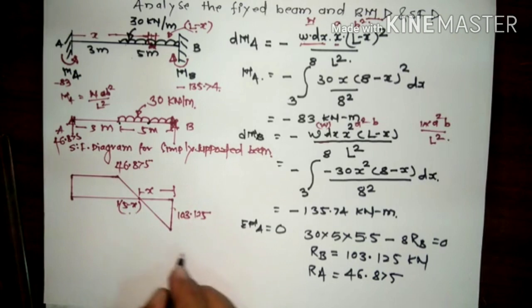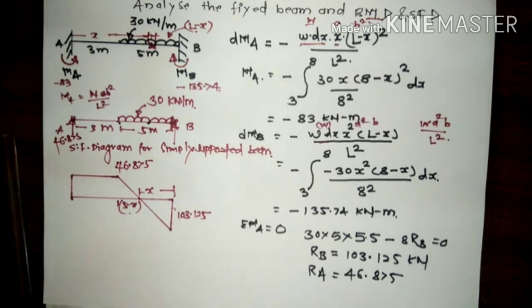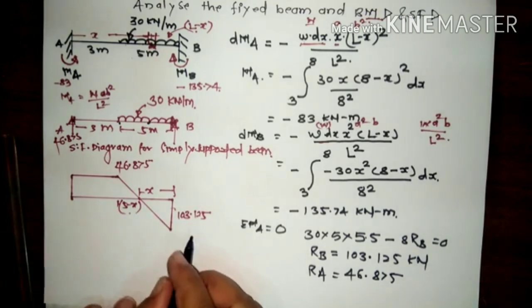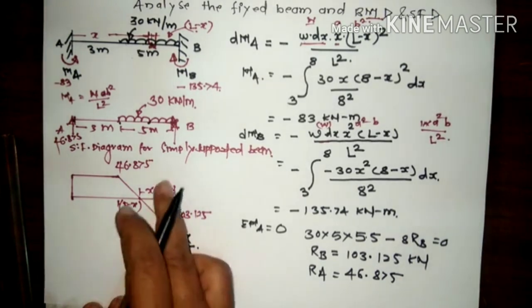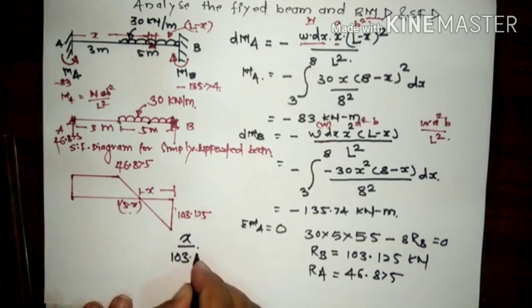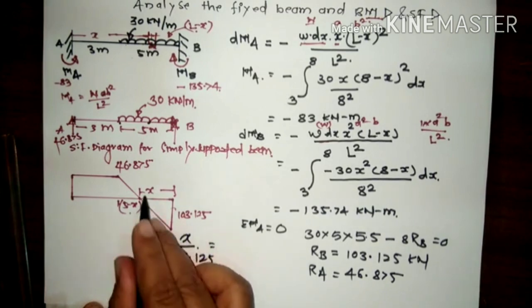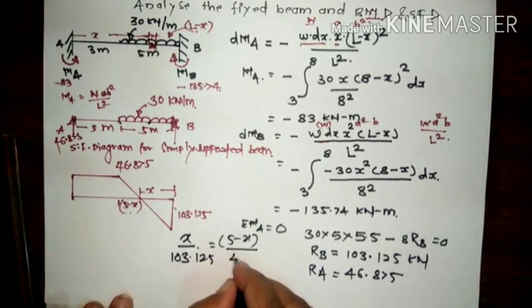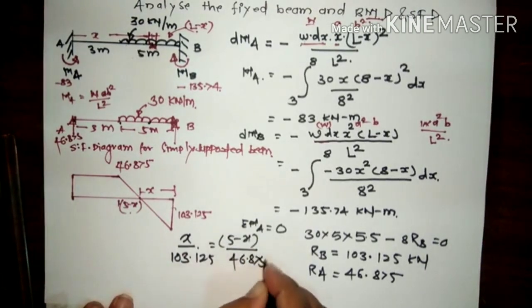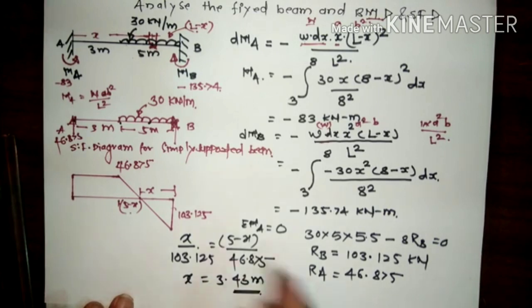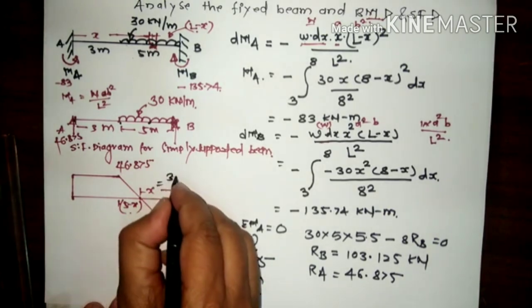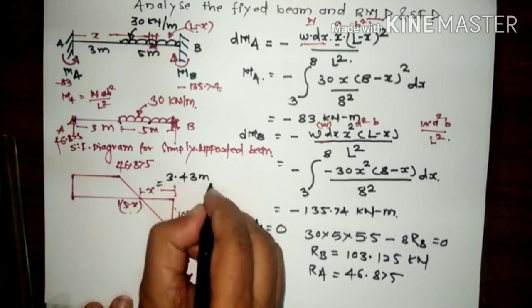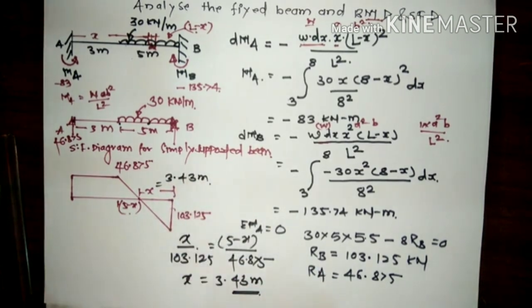By applying similar triangles, x divided by 103.125 is equal to 5 minus x divided by 46.875. So we will get x equal to 3.43 meter, so this value becomes 3.43 meter. Now we are able to draw the free bending moment.